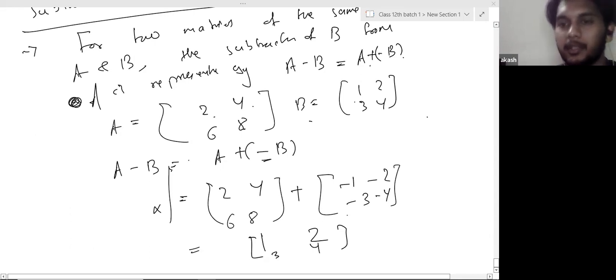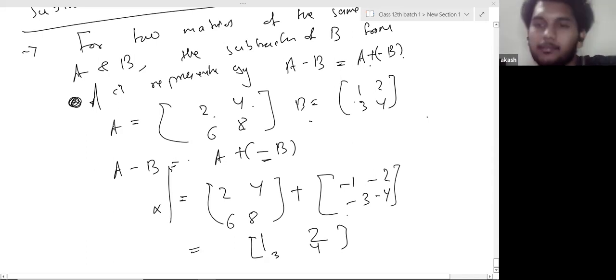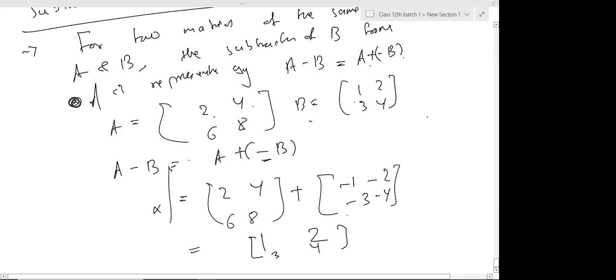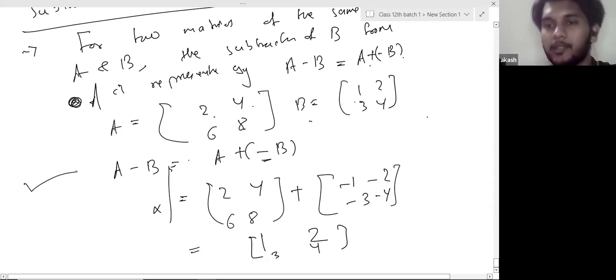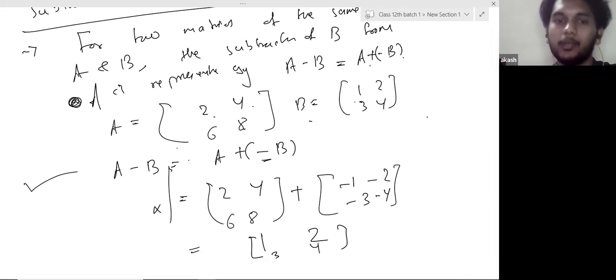In today's world, machine learning, artificial intelligence, and data science. So matrix is one of the crucial things in all of these fields. All the data is represented by matrices only. So don't take this chapter lightly if you want to do something in software.